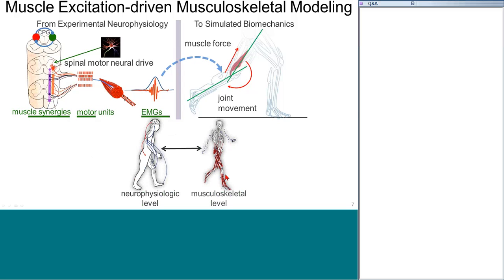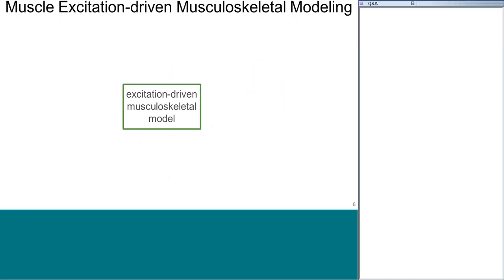And that's important because although we have some knowledge about what happens at one side or at the other side, we still do not have relevant information to associate events at one level to events at the other level. So in this presentation, I will first of all introduce our excitation-driven musculoskeletal model.